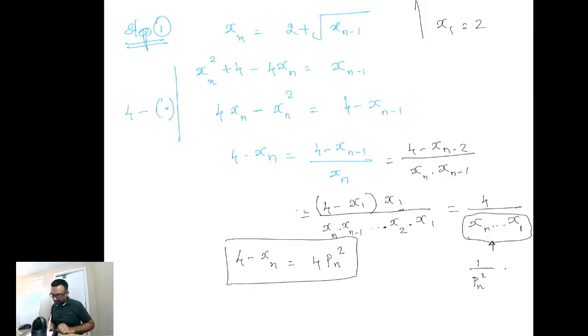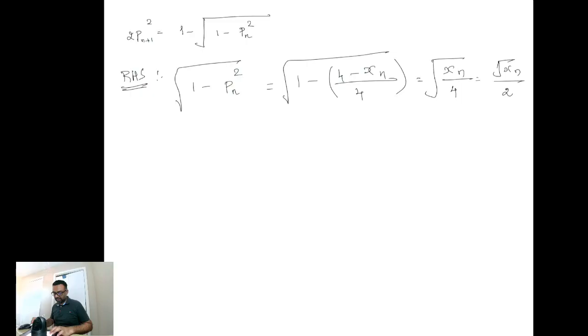So if I take the square root on both sides, I get root of xn by 2, right? Sorry, I thought I was writing on the previous page. So all I did was to take the square root of 1 minus Pn square, the inner term is as shown.